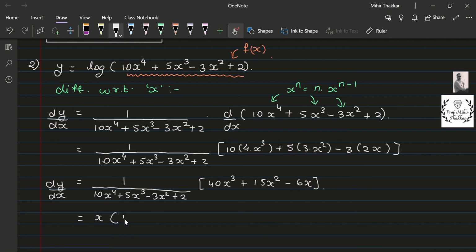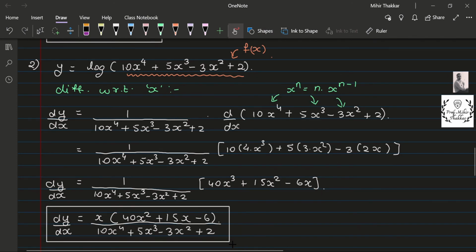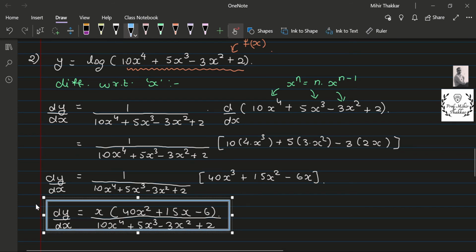So I will get over here x into 40x square plus 15x minus 6, whole upon 10x raised to 4 plus 5x raised to 3 minus 3x square plus 2, is equal to dy by dx. So that's a very simple sum, guys. Sum number 2.